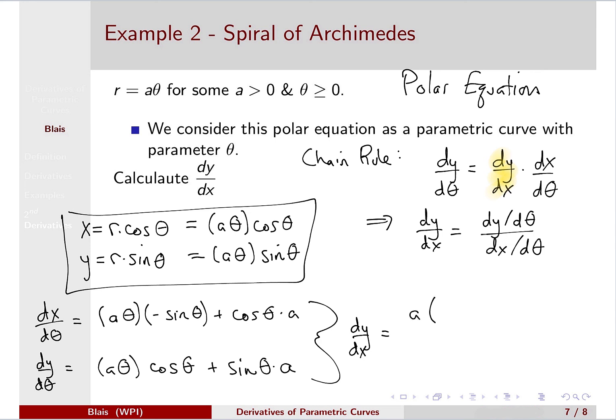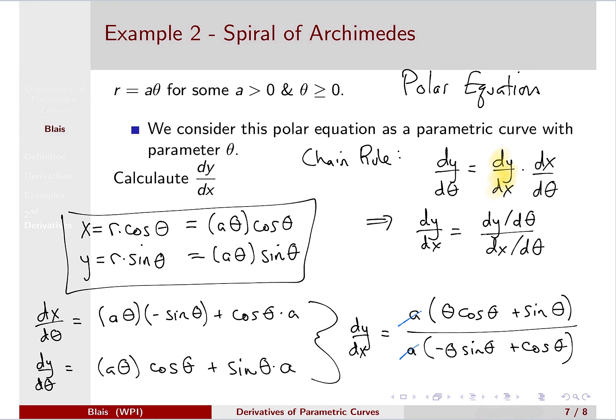We have a times theta times cosine theta plus sine of theta divided by dx d theta, which we can also factor out an a, and we get negative theta times sine of theta plus cosine of theta, and we see that the a's in fact cancel. And we now have the derivative of y with respect to x here as a function of the parameter theta.